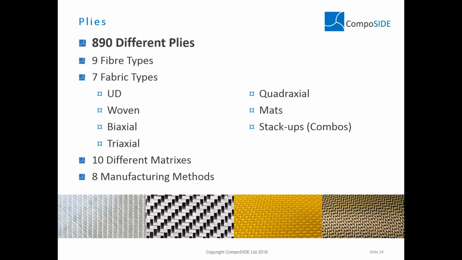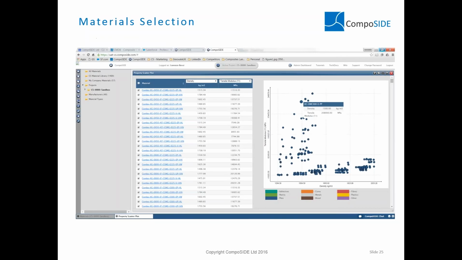There are 10 different types of matrices, including thermoplastics, and 8 different manufacturing methods. Combine that all together, and you've got a lot of plies and a lot of data to deal with.